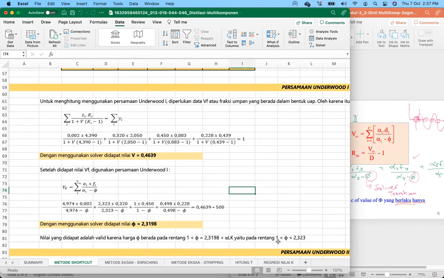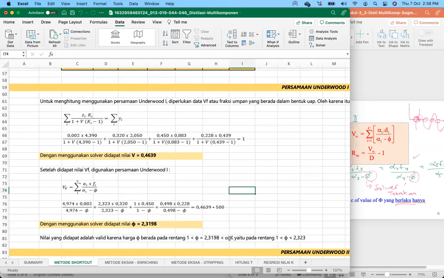I think you may need to guess between 1 and 2.3, so maybe guess around half of it, 1.6 or 1.7. Maybe the solver will tell you that. Because if you use a different guess (tebakan yang berbeda), you may have a different value.